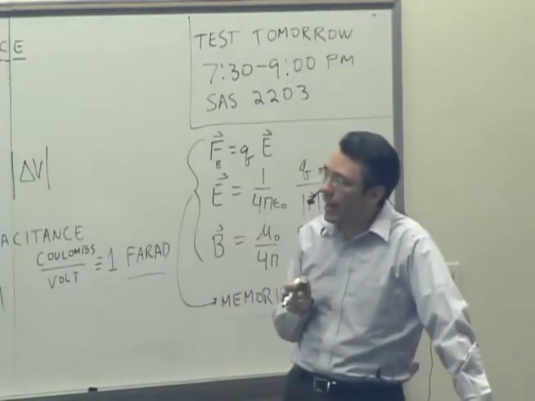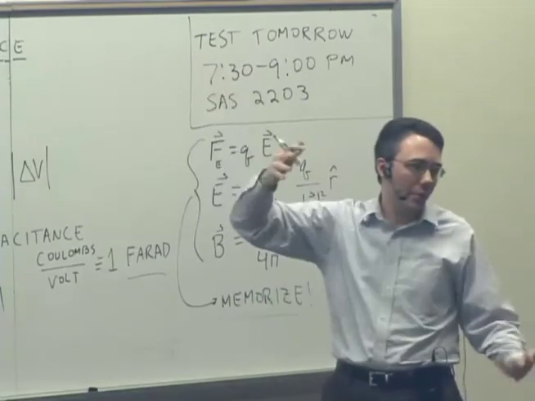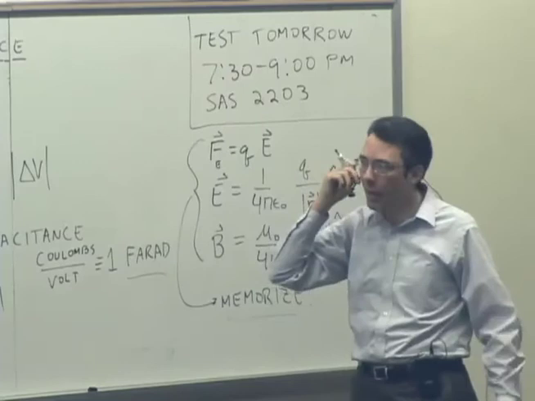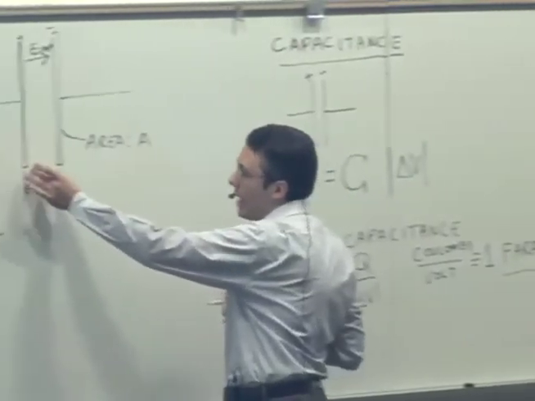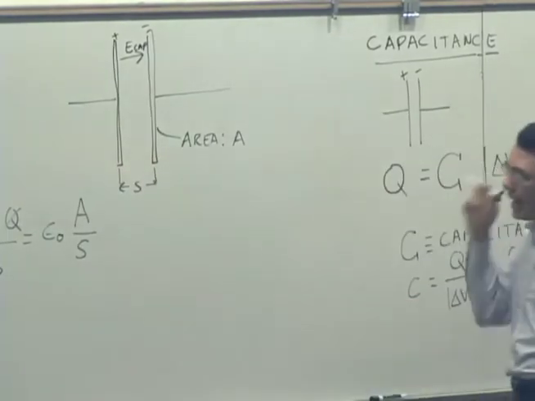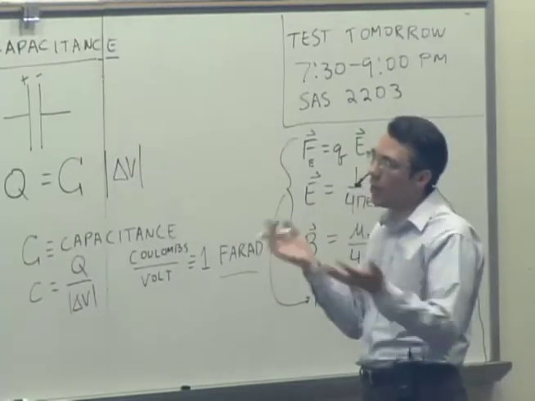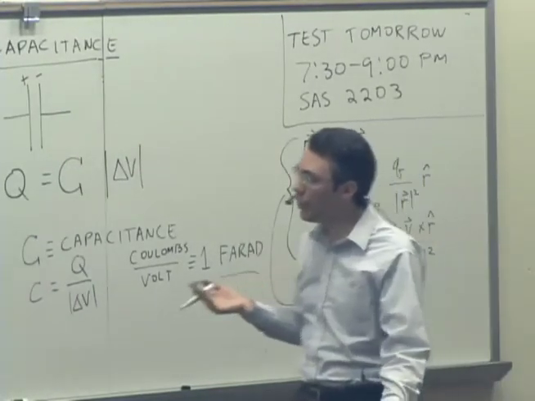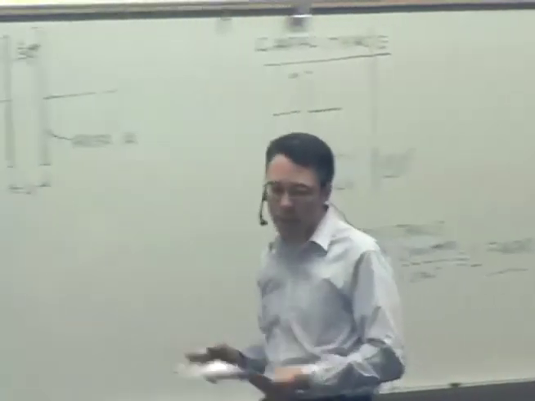The bigger the plates, the more charge you're going to be able to store, so you have a bigger capacitance. The smaller the gap means a smaller potential difference for the same amount of charge. So if you make the gap smaller, you'll have a larger capacitance.